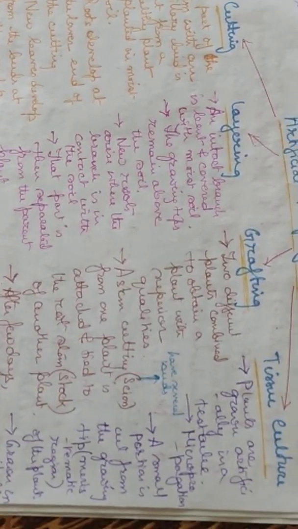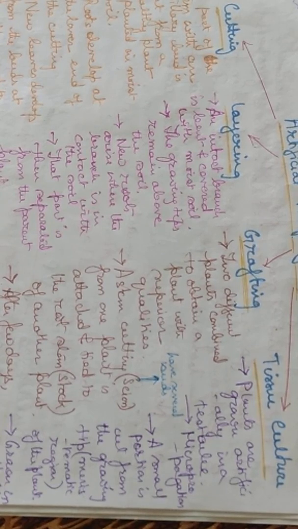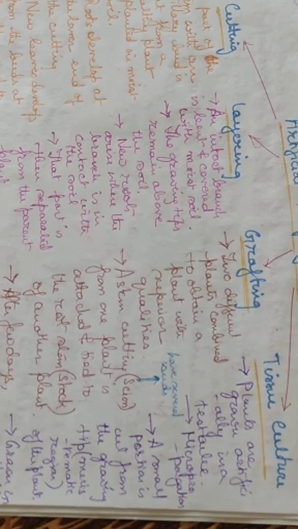Now it is grafting. In grafting, two different plants are combined to form a superior quality plant. One stem cutting from one plant is attached and tied to the root stem.